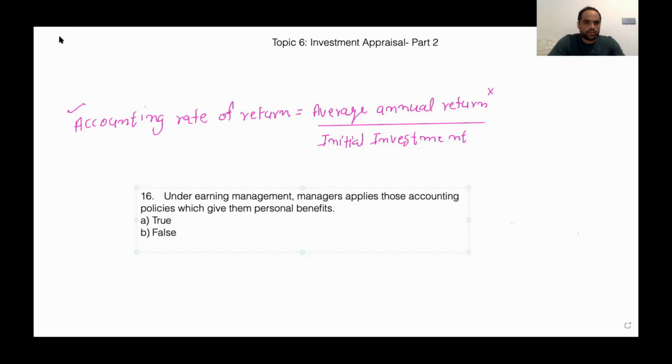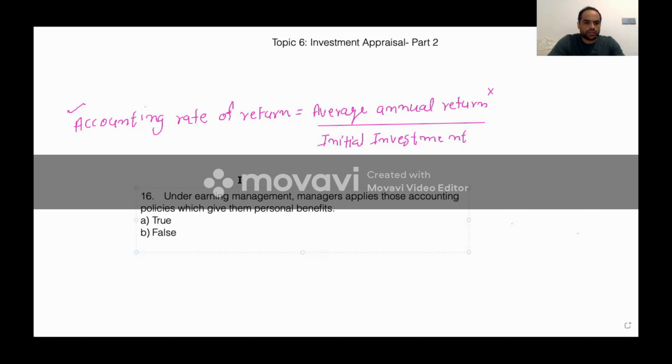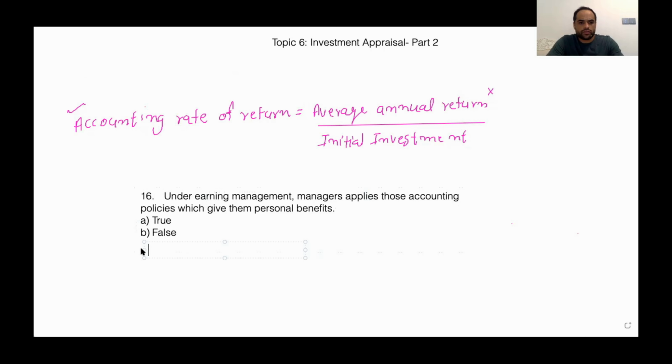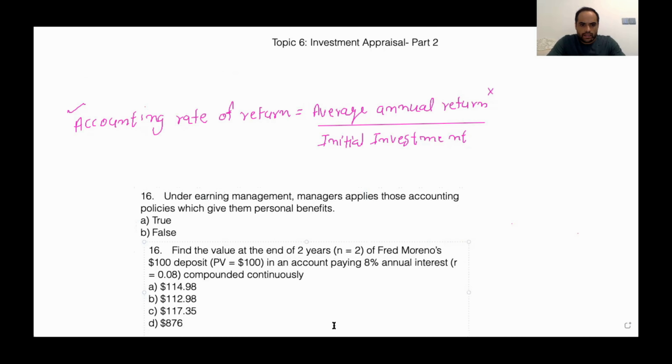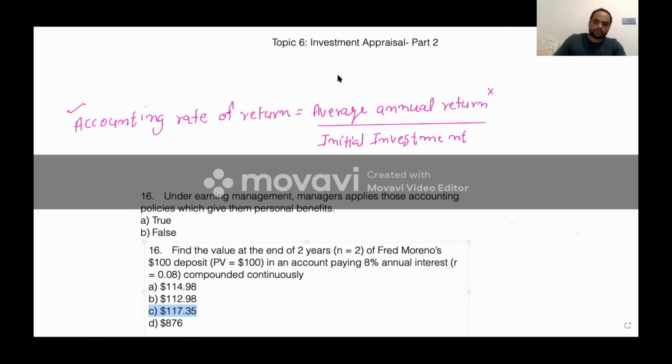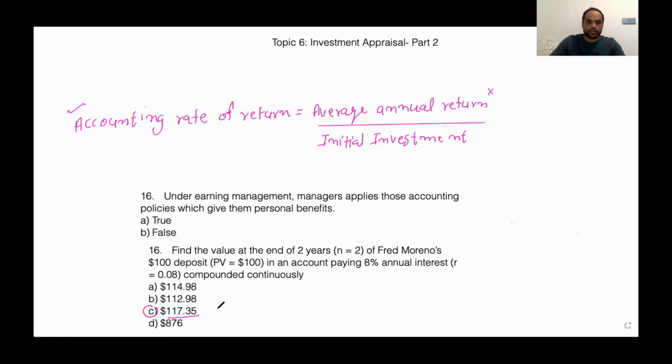Another one, question 16 here. So that's your other question 16, and your right answer is this. That's your right answer, C, right?